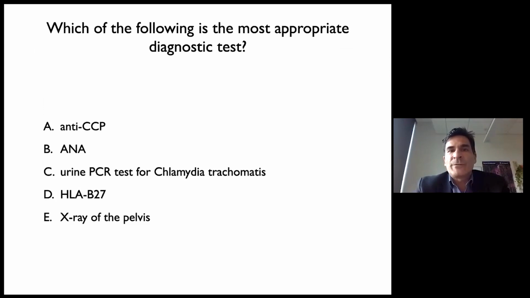Now, which of the following is the most appropriate diagnostic test in this patient? A, anti-CCP, B, an anti-nuclear antibody test, ANA, C, a urine PCR test for chlamydia, D, an HLA-B27, or E, an X-ray of the pelvis.